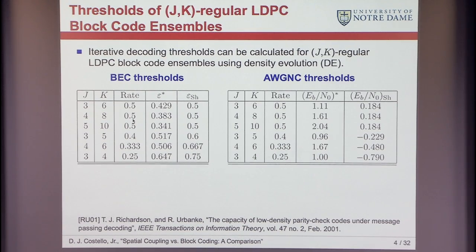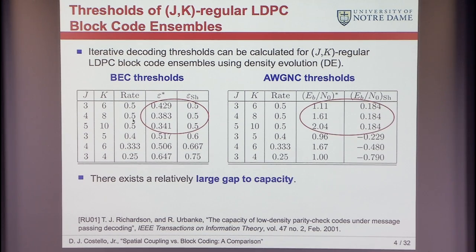Now thresholds of (J,K) regular LDPC block code ensembles. So here's a little table of BEC thresholds. I'm just going to comment on the rate 1/2 ones on top here, and corresponding Gaussian thresholds.